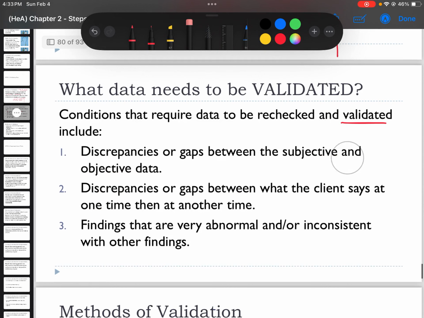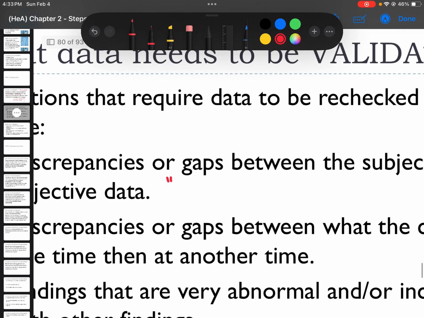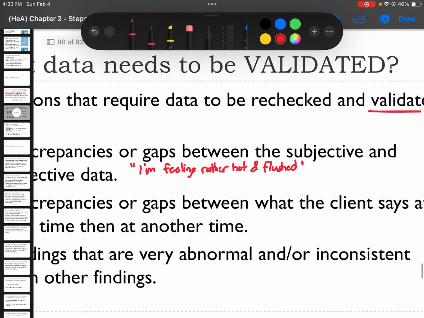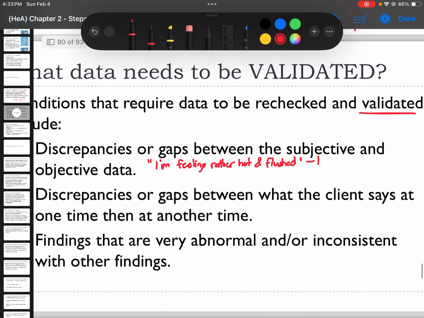Let's say, for example, class, the patient tells you, I'm feeling rather hot and flushed. Okay, when we say they are feeling rather hot and flushed, they mean to say that they have possible fever.